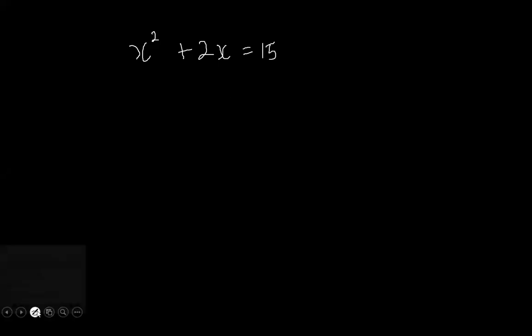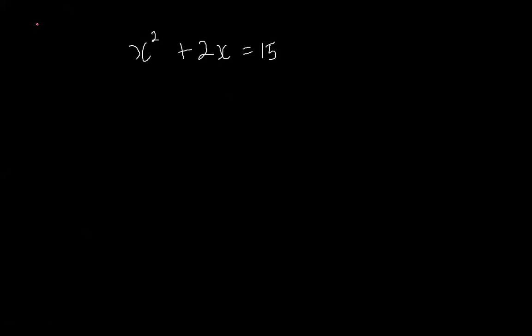So first one. X squared plus 2x is equal to 15. What I want you to find is alpha squared beta squared. Right?